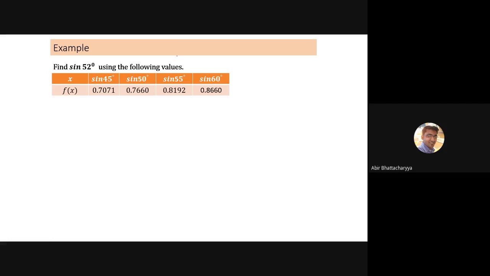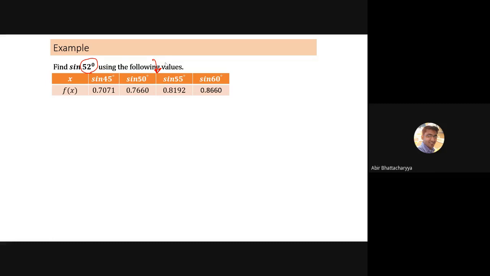The x values given are 45 degrees, 50, 55 and 60 degrees. You can observe that sine 52 degrees is lying between 50 and 55. Clear?